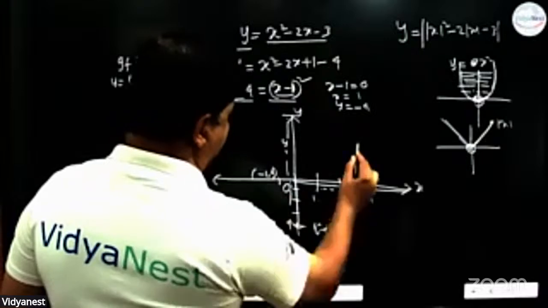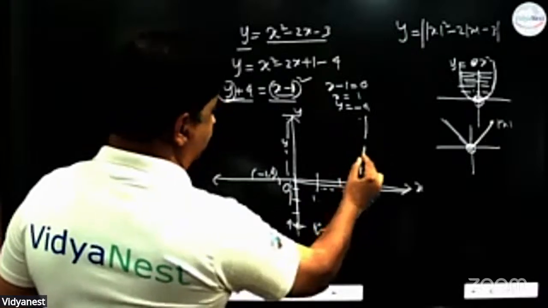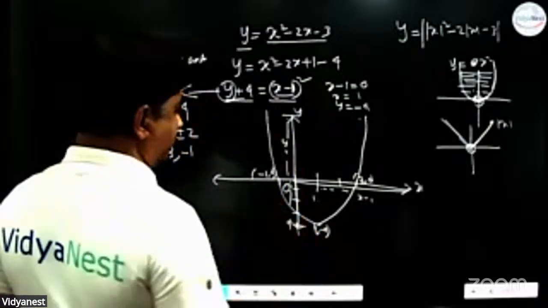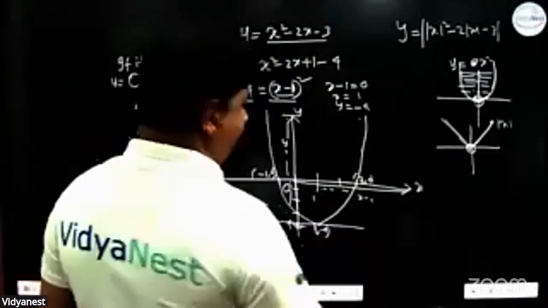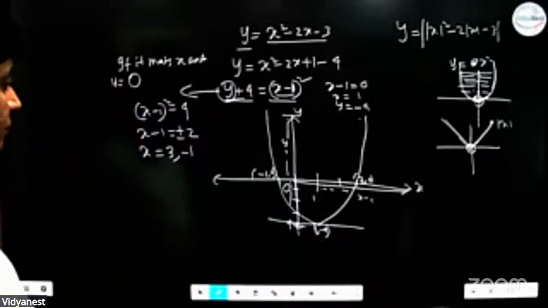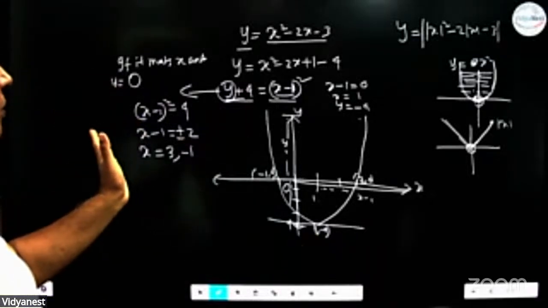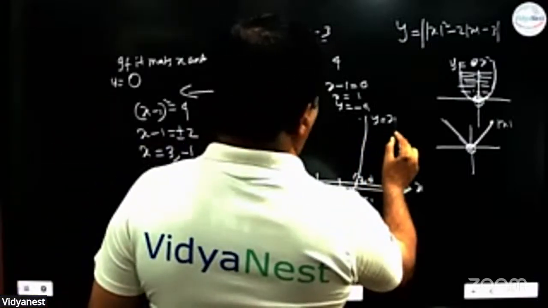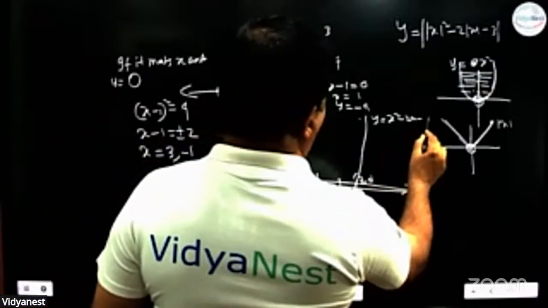So the curve will be like this. That is the point of symmetry. Understand? Yes, sir. Now, this is what? Y is equal to x square minus 2x minus 3.